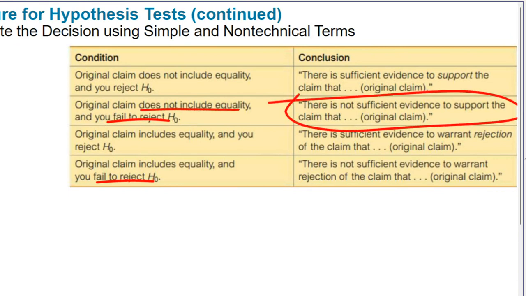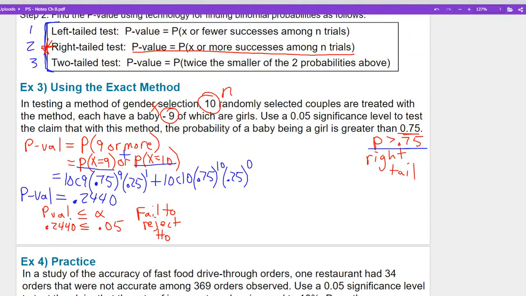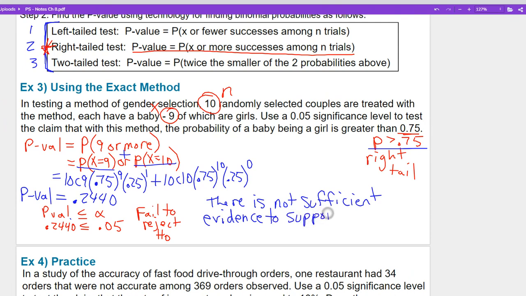That means this is going to be our conclusion. There's not sufficient evidence to support the claim.